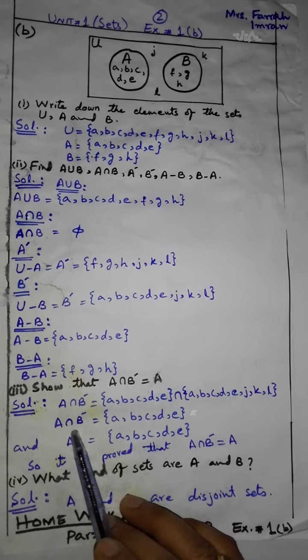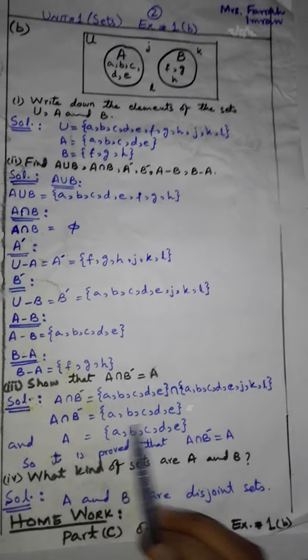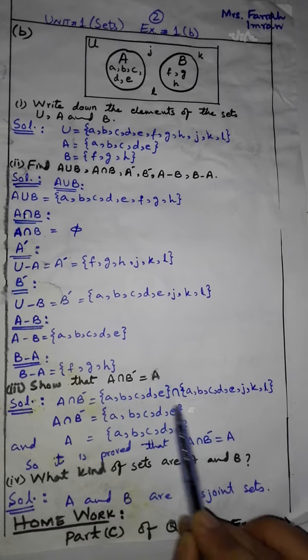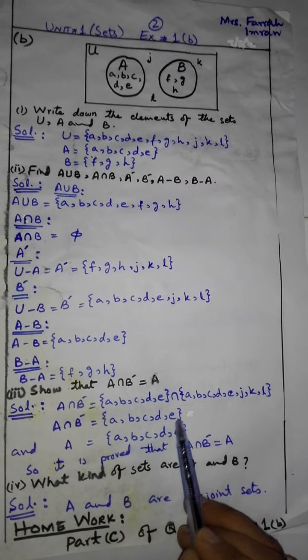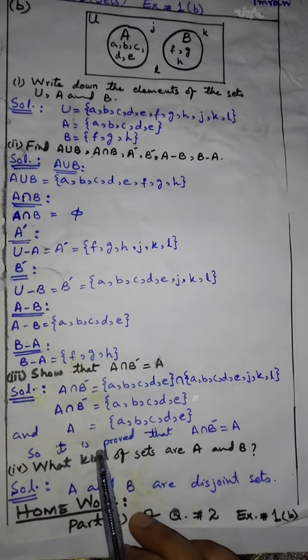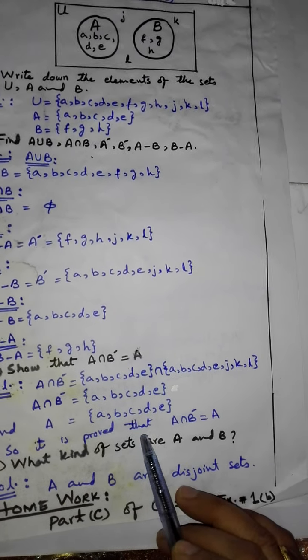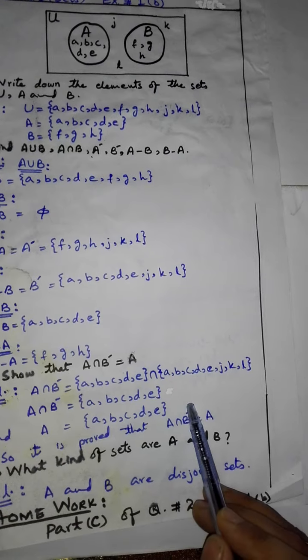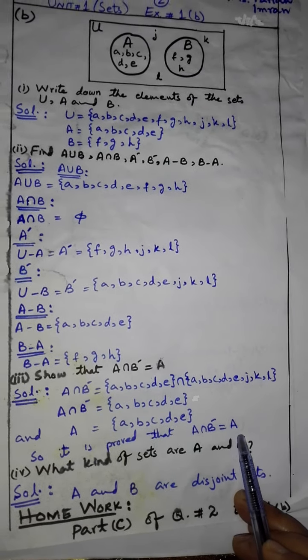The answer of A intersection B complement and A are the same. These elements are the same. So it is proved that A intersection B complement is equal to A.